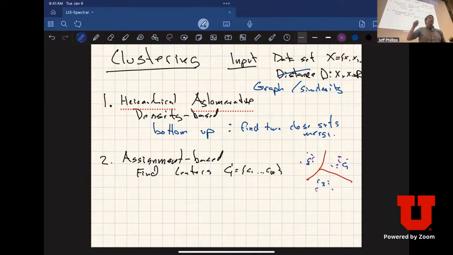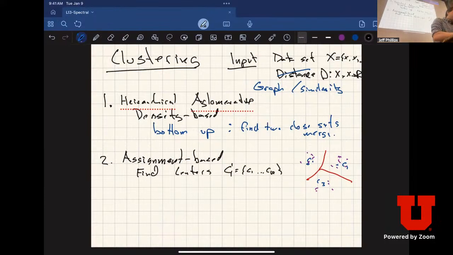So we assigned each of the data points in X, the purple points, onto one of the centers, and this was implicitly defined by the distance function. It also gave us these nice representatives. The centers were representatives of each of the clusters, and there are a bunch of formulations. K-means is probably the most famous, and K-center is another one I like.